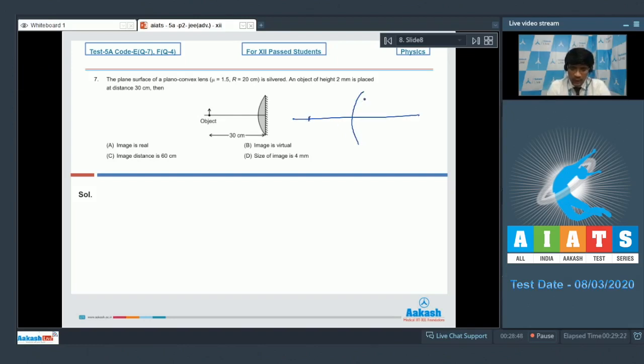So the image distance: mu2 by v, mu2 is how much? It is 1.5 by v minus mu1 by u, where u is equal to minus 30, must be equal to mu2 minus mu1, that is 1.5 minus 1 by R, and R is 20. So 1.5 by v must be equal to 1 by 10 into 1 by 4 minus 1 by 3.